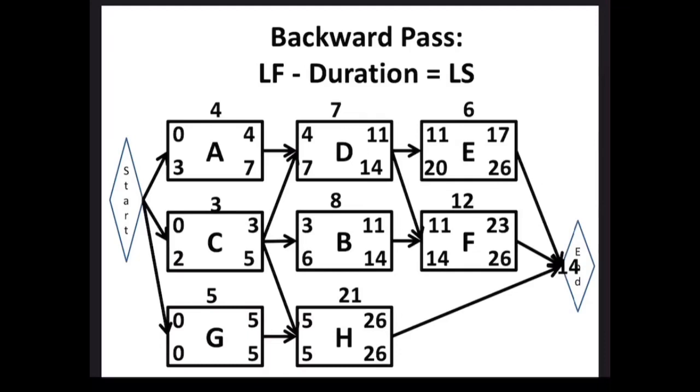Let's start the backward pass. 26, which is late finish, minus the duration, which is 6, equals 20. 20 is the late start of activity E. How much float does this activity have? Anybody? How much float does activity E have?